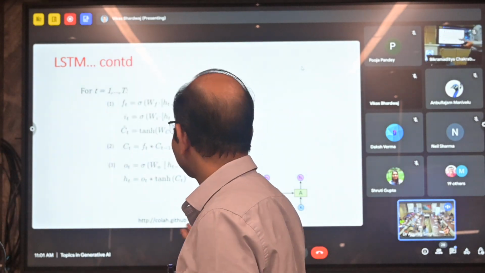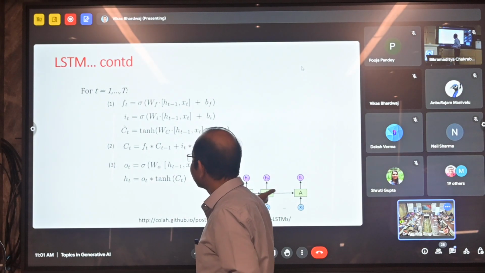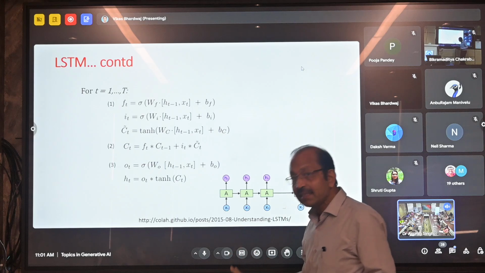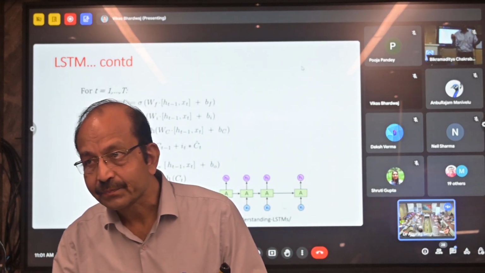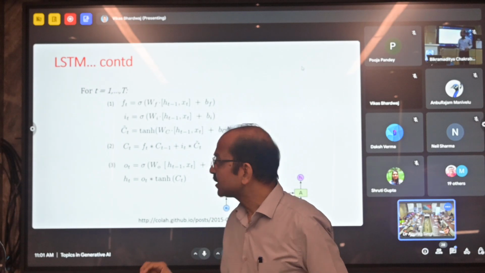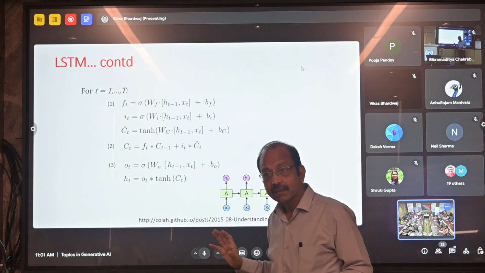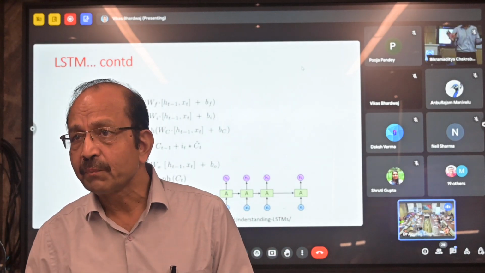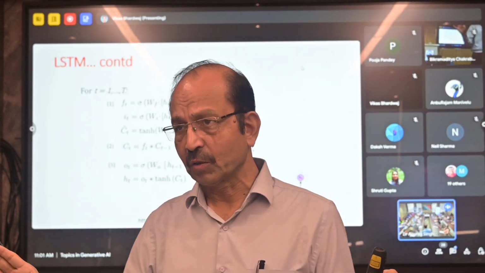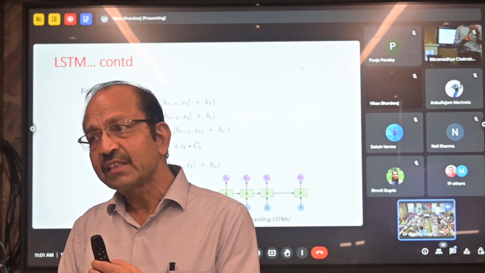So this is the architecture which you can visualize. The only difference between RNN and LSTM is the following. In RNN, the cell structure is very simple. It is not thinking about what to forget, what to insert, what is important and what is not. What is the problem with RNN?